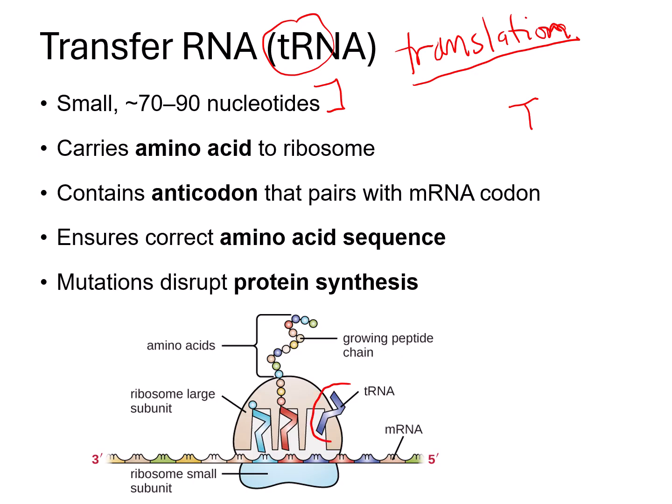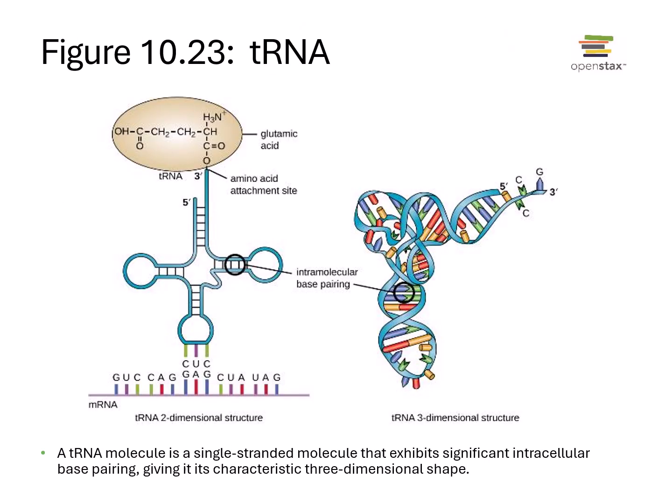So here in this image of translation, I can see that tRNA is here. We're going to learn later on there's something here called an anticodon that matches a codon in messenger RNA, and there will be an amino acid attached to one end of the tRNA. So here's another look at that tRNA, and it's a pretty cool role that transfer RNA plays.